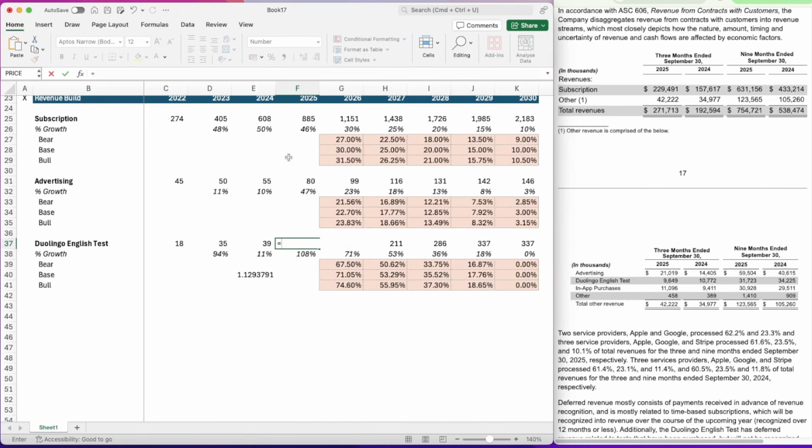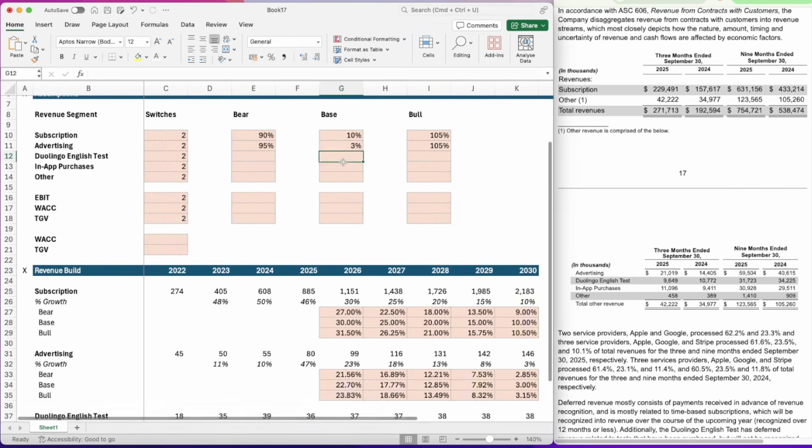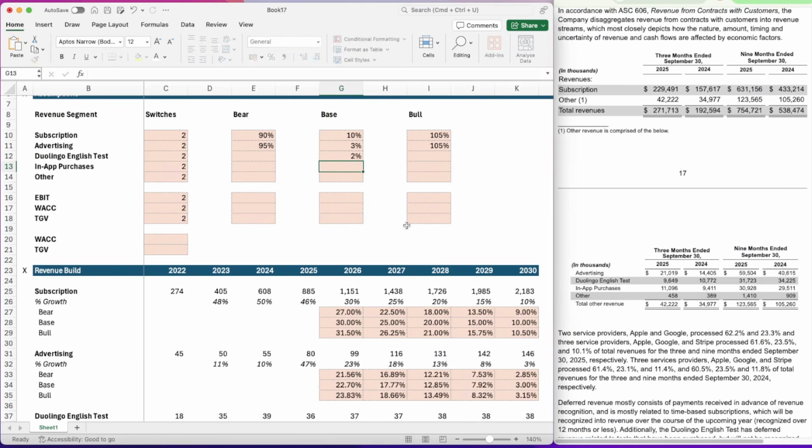Equals 31.723 multiplied by 1.1293791. I think we just take the average from the last 2 years and we put it at a 1% growth per year. Okay, let's give it 2%.